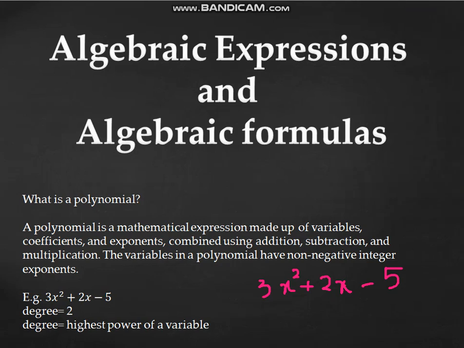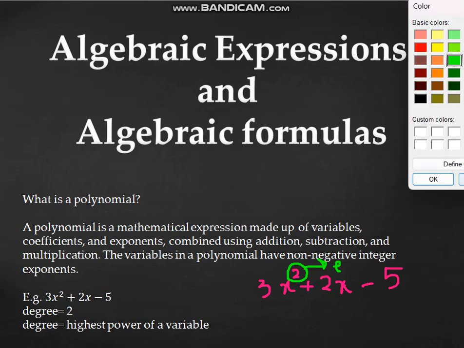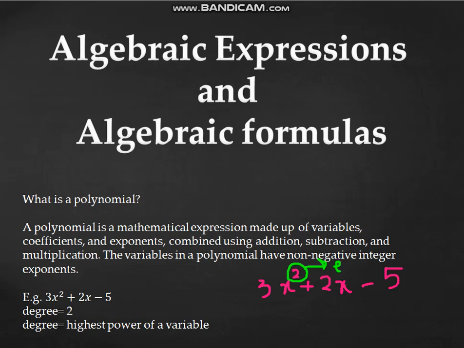Okay, the thing that I'm marking in green is actually the power. So this is an exponent, right? I'm writing it down with an E. Now what's a coefficient? A coefficient is something that is attached to the variable.